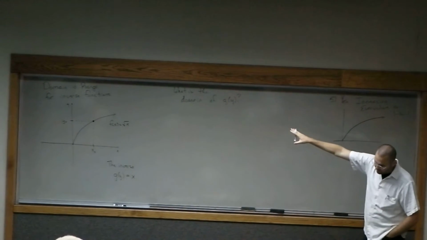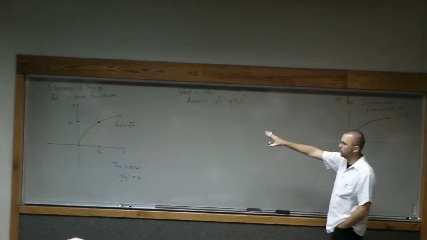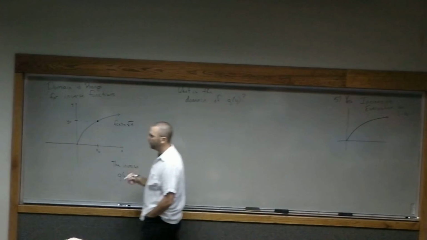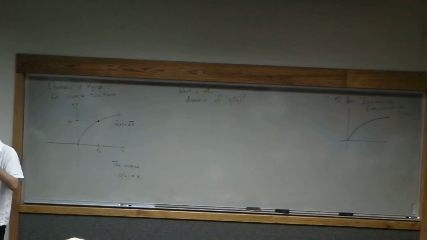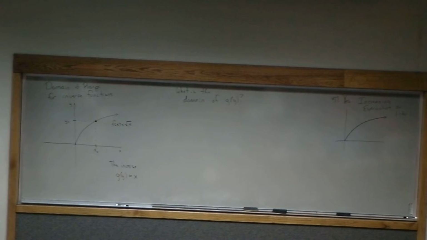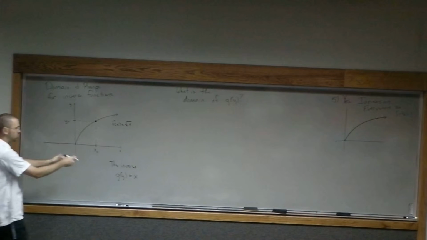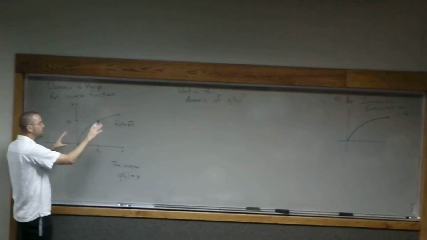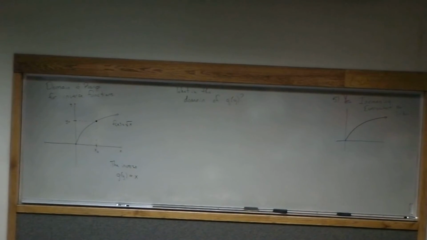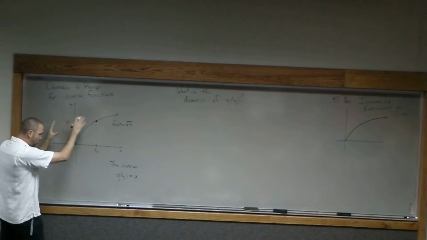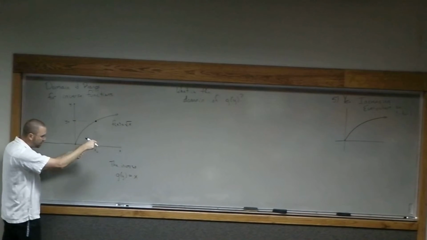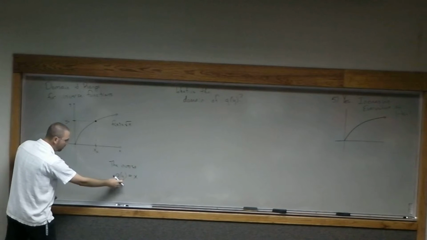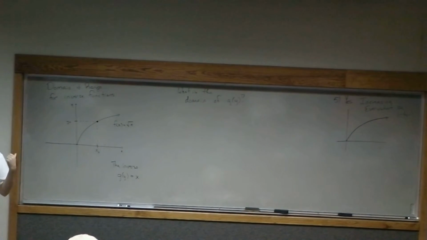Now, I have an example up here on the board, and an example is useful for illustrating a point, but think about this a little bit more abstractly. Don't think of this particular function, and don't think of trying to find the domain of this particular function. Think about what the domain of any inverse will be in relationship to the original function. We're thinking about what inputs, what am I sticking into the g function?